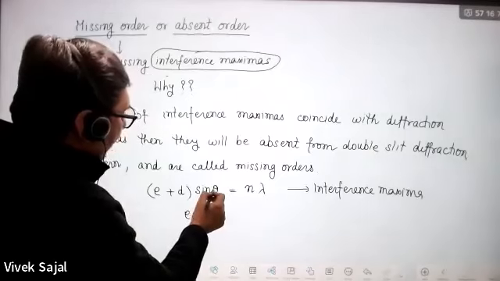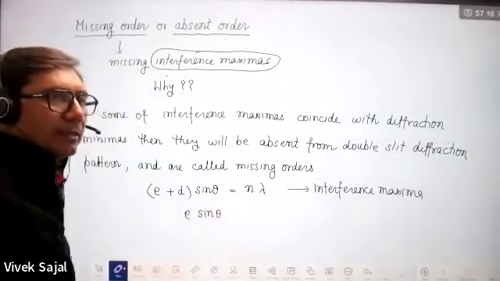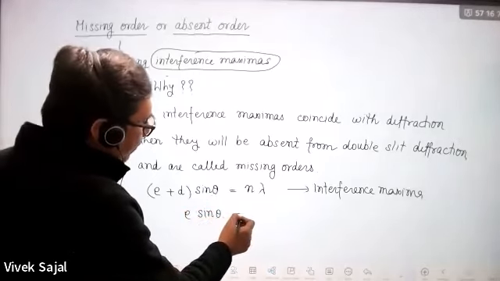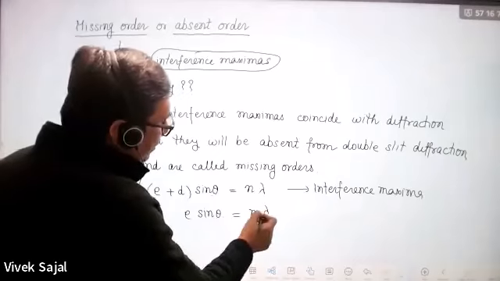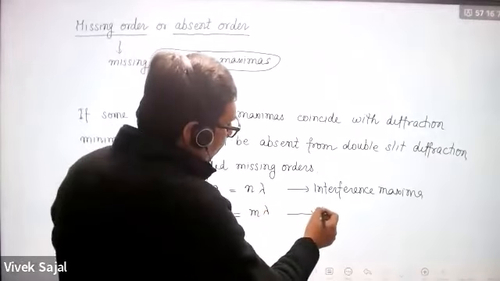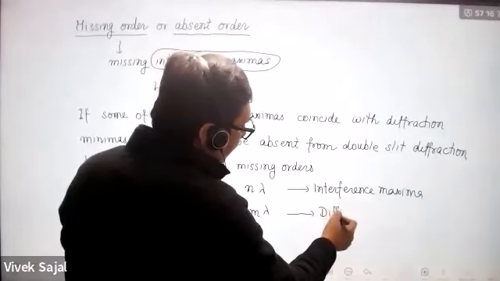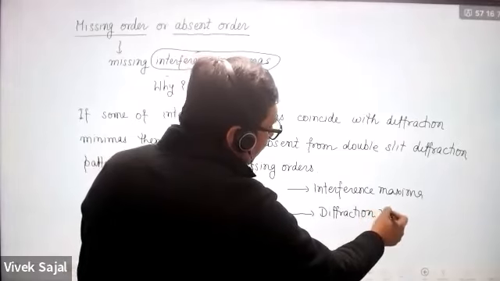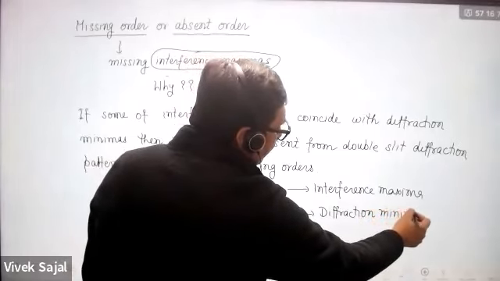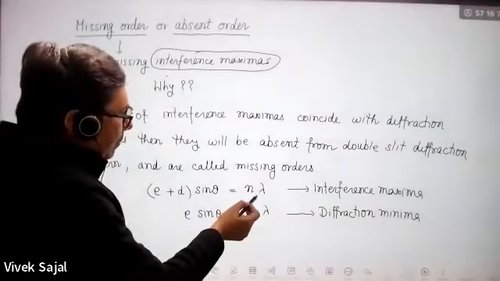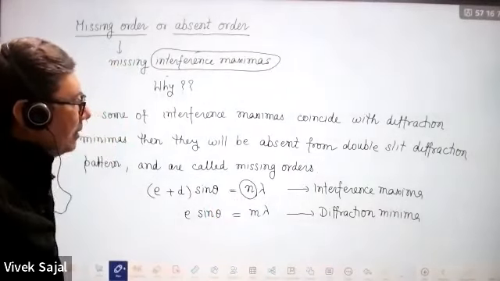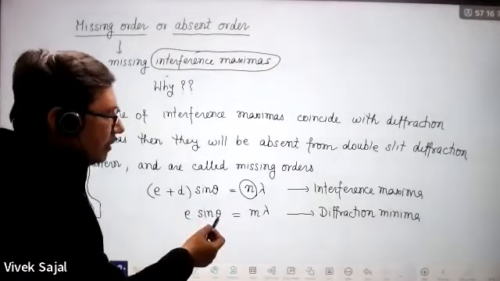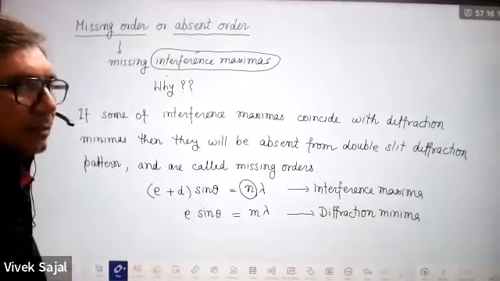So this is some particular direction theta in which the nth interference maxima is occurring, and suppose in the same direction you are getting diffraction minima. They are falling in the same direction. Then this maxima will be absent. Try to understand: this interference maxima will be absent if they are falling in the same direction. Divide these two conditions.